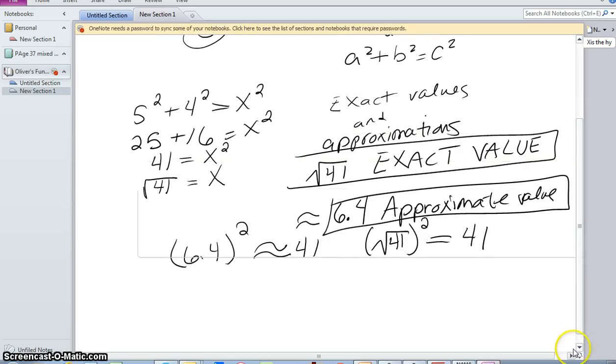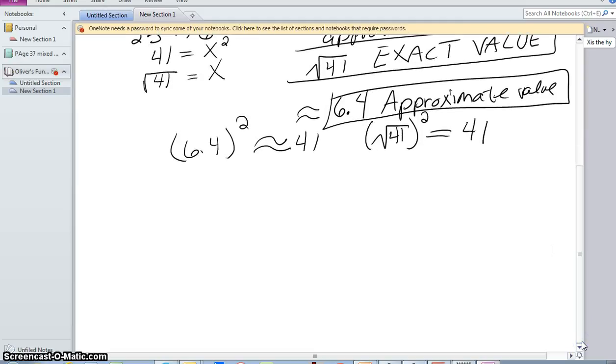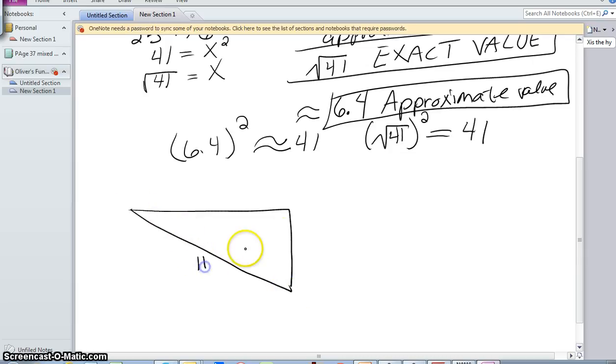In the second example, go ahead and draw that next triangle. We have an 11 and a 7. Only the 11 is in C's place, or the hypotenuse's place. We're missing y.